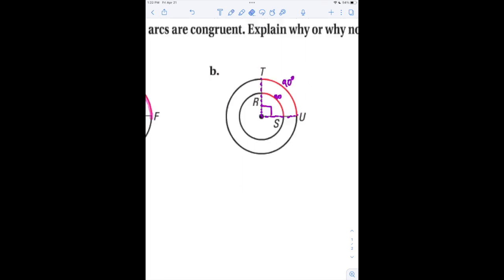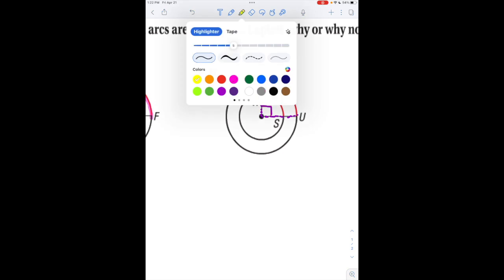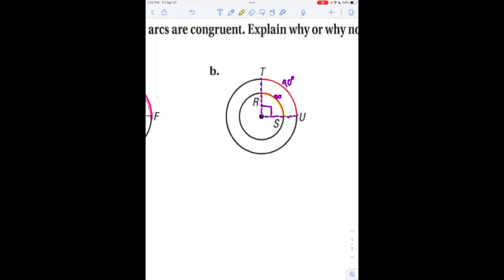While yes, the degree measures are the same, if I think about it, is this arc going to be the same as this arc? No, because look at the radius here versus the radius here. They're different sized radiuses, so the red parts are not going to be congruent. While they have the same degree measure, the actual physical red arc that's being highlighted is not going to be the same.